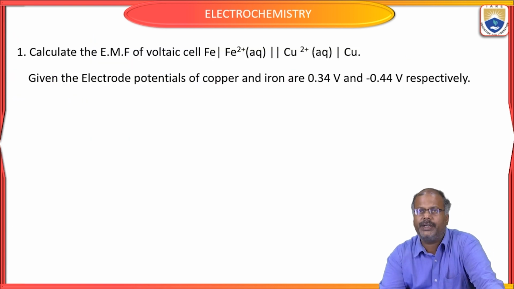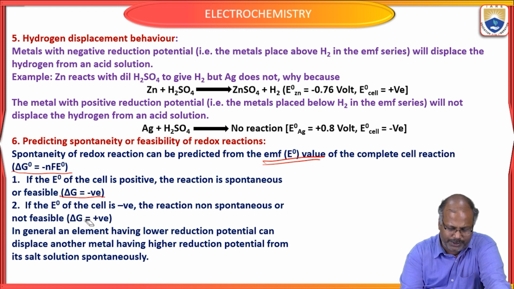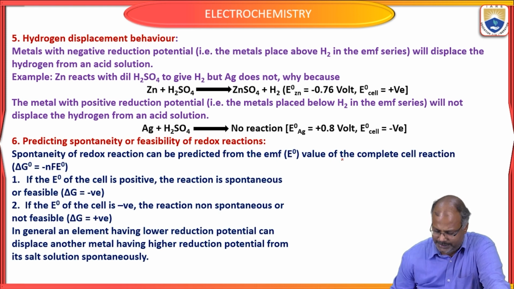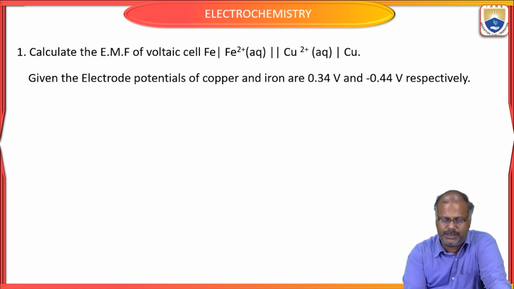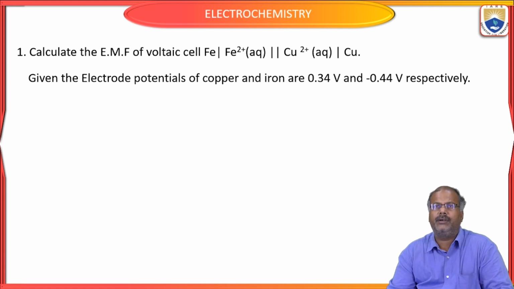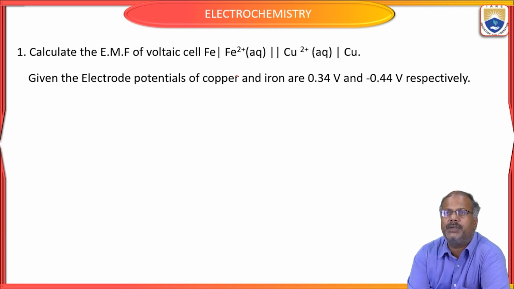Now we come to the calculations. We will come to the problems in electrochemistry. First, calculation of the standard EMF of the cell. So, what is the problem? Calculate the EMF of the voltaic cell, iron 2 plus aqueous, copper 2 plus by copper.